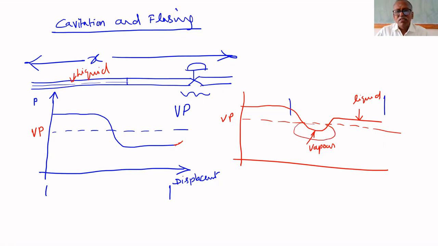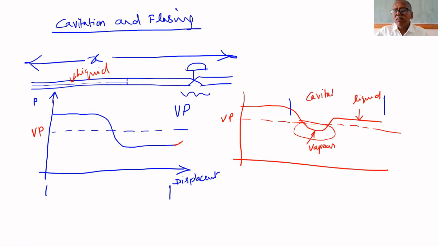Here it remains vapor, so it completely becomes vapor and leaves the valve as vapor. Here it becomes vapor partially, a combination of liquid and vapor. Then again it regains to liquid.